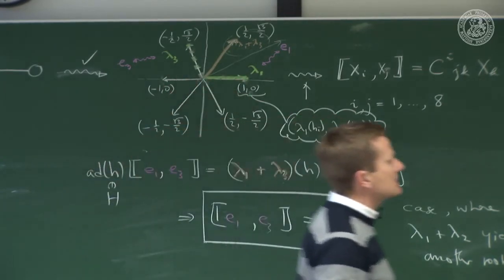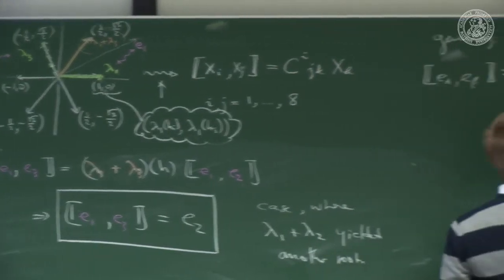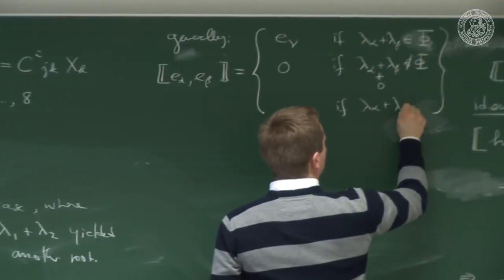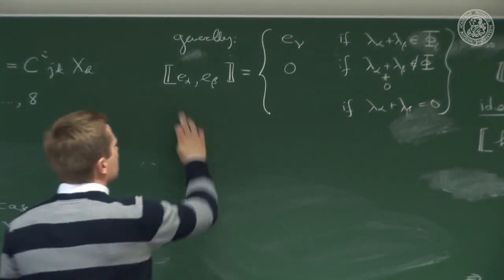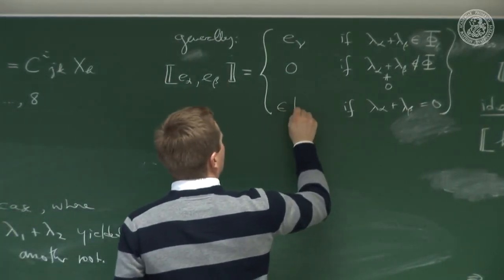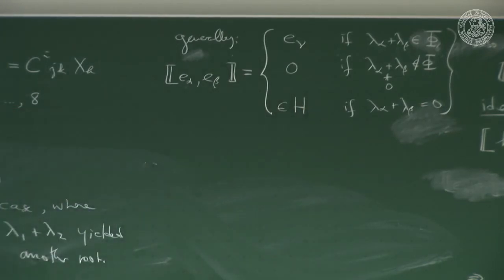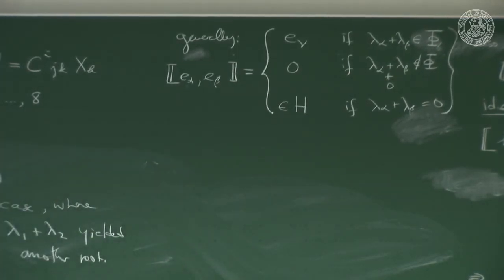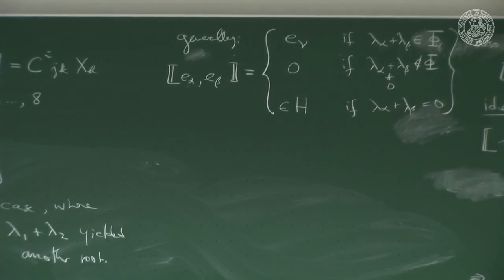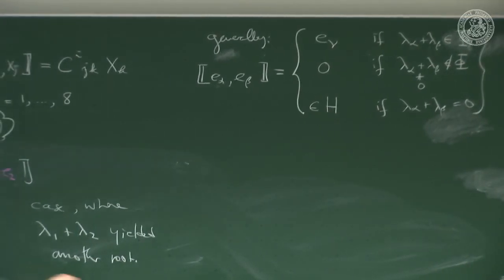What happens if the sum of the roots is 0? If the sum of the roots is 0, what can happen is that this guy is an element of the Cartan subalgebra. Now you do not immediately know which one, but by repeated application of what you know using your brackets, you'll find out.